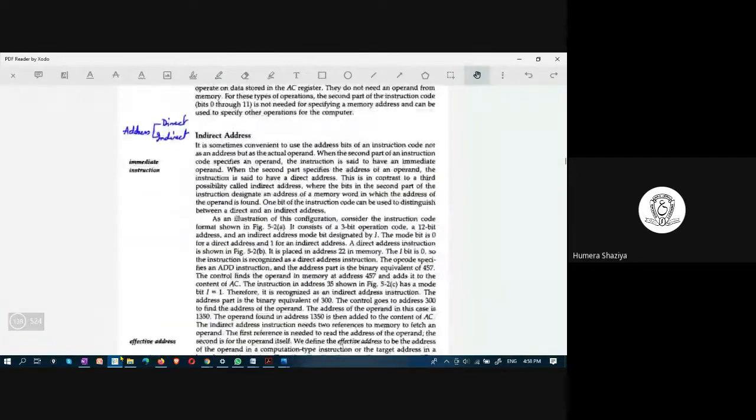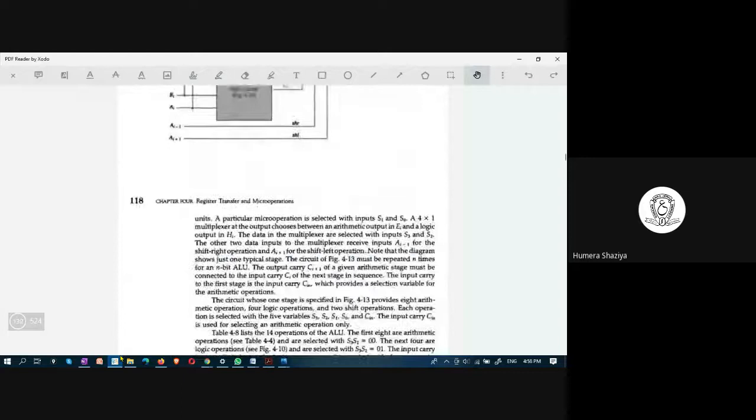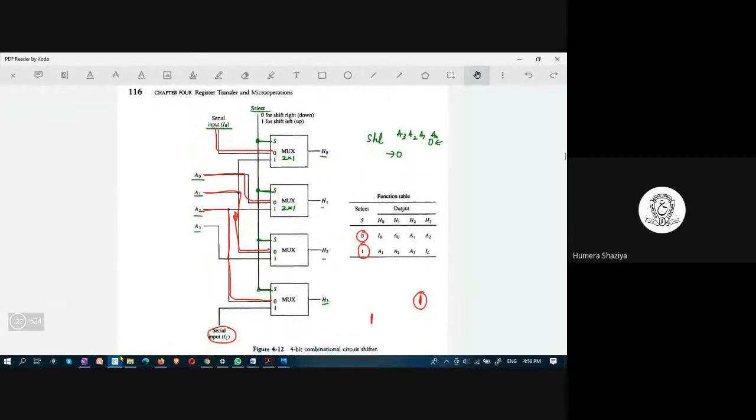You have to explain it. Your peers are having doubts in this circuit. Can you explain this? Ma'am, you already explained that. No, they have doubts. You explain now.